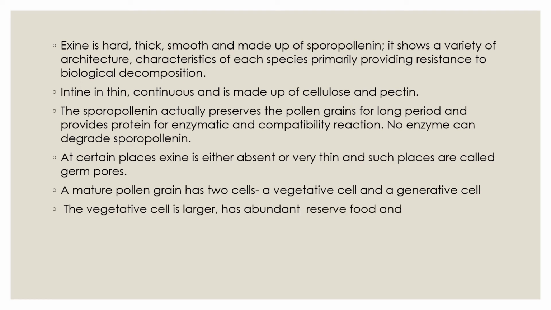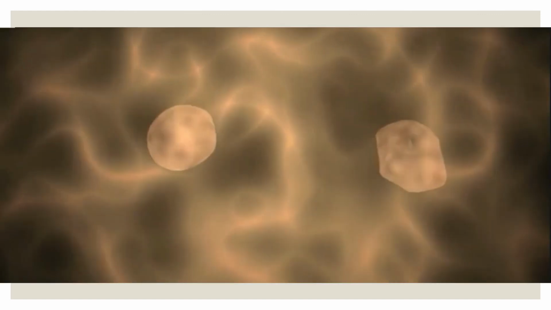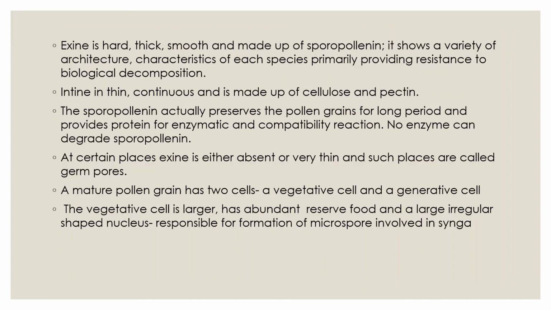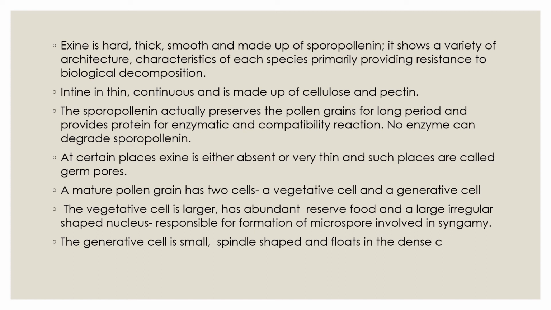A mature pollen grain has 2 cells, a vegetative cell and a generative cell, as I have already discussed. The vegetative cell is larger, has abundant reserve food and a large irregular-shaped nucleus which is responsible for the formation of the microspore involved in syngamy or fertilization.